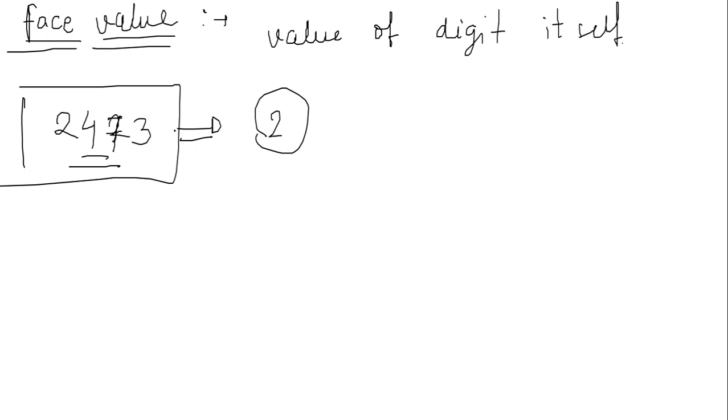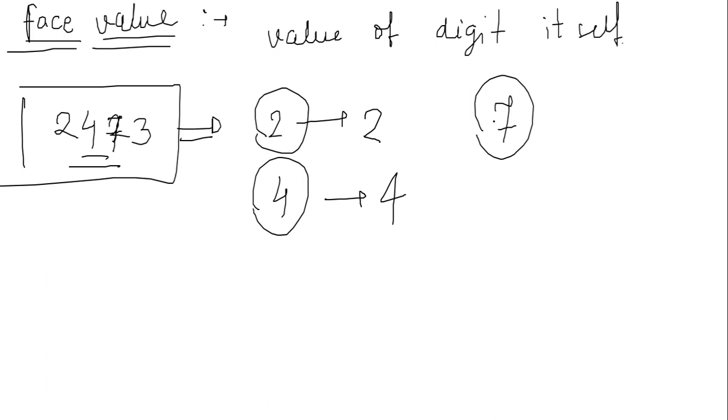Okay, so the face value of 2 will be 2 only. The face value of 4 will be 4 itself again. The value of the digit 7, the place value or the face value for the digit 7 is the number itself again, the 7. The face value for digit 3 is the value of the digit itself again, that is 3.